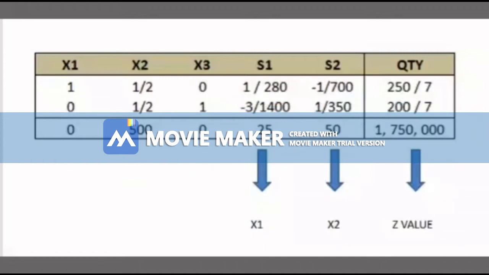In a minimization problem, an optimal solution is reached when all the numbers in the last row are zero or positive. So we now reach the optimal solution, in which x1 is 25 and x2 is 50.